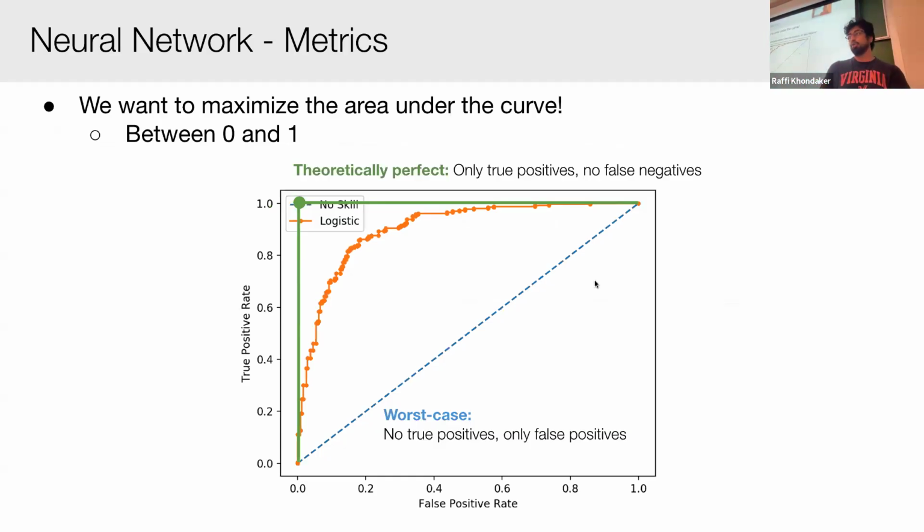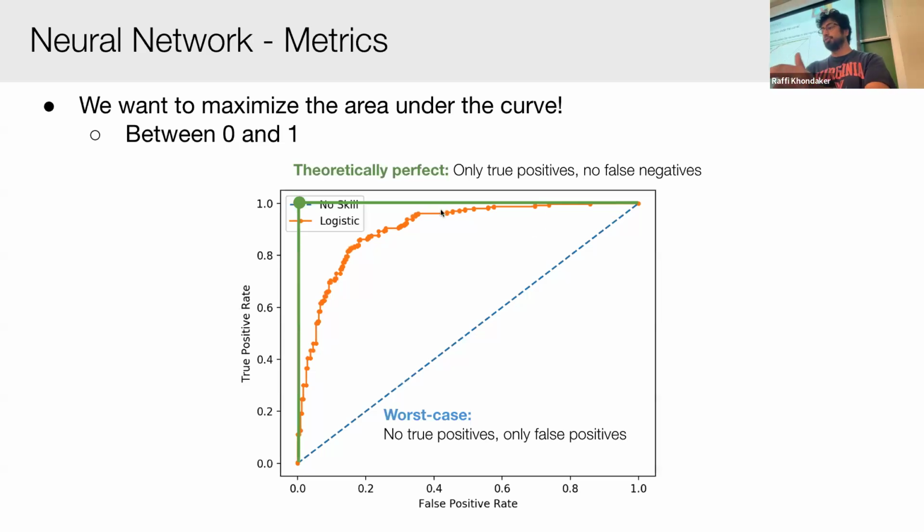If we want a more holistic output beyond just accuracy, we can use the area under the curve, where the y-axis is the true positives and the x-axis is the false positives. If our model follows the exact green line, then it's done perfectly: it's gotten all the true positives correct and has no false positives.